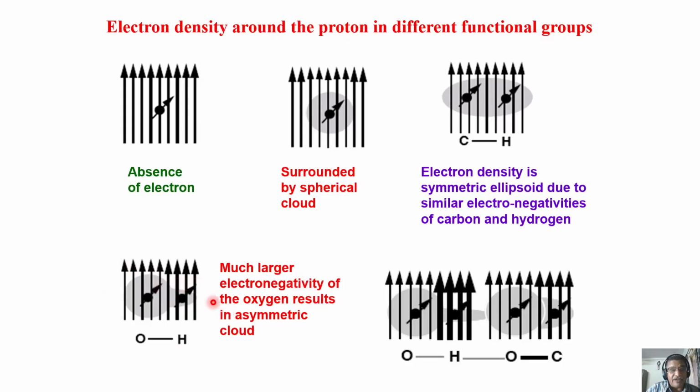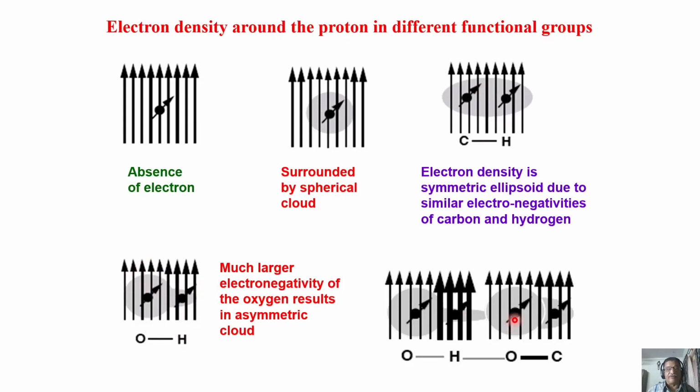And because of this, the charge distribution is not symmetric like a spherical circle, or not as a symmetric ellipse. It looks like a different shape. The more charge density is at the site of the oxygen, which is electronegative, and it is less here; the oxygen pulls the electron of the hydrogen towards it. The charge density is not like this, it is a different shape.